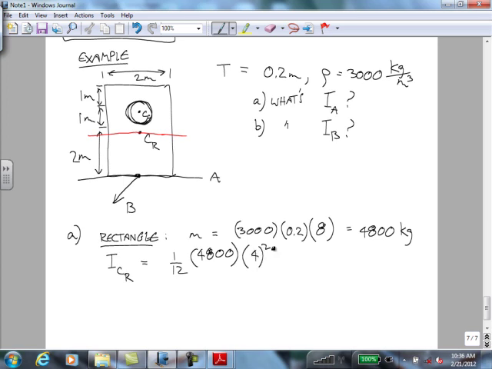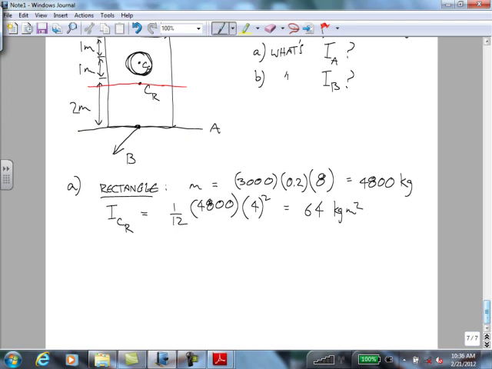And parallel axis theorem then says moment of inertia about A is 64 plus 4,800. The distance is 2.